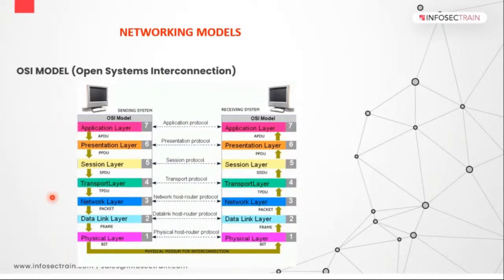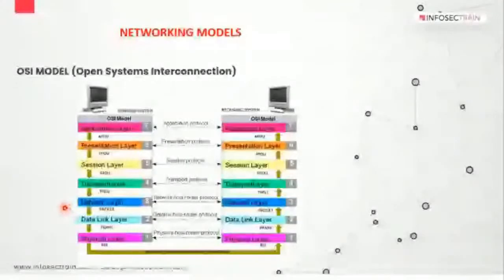7 layers. We start the counting from layer 1: physical layer, data link layer, network layer, transport layer, session layer, presentation layer, and application layer, right? Now, every layer has a different work while sending the data, right?